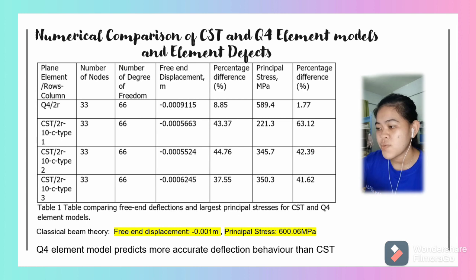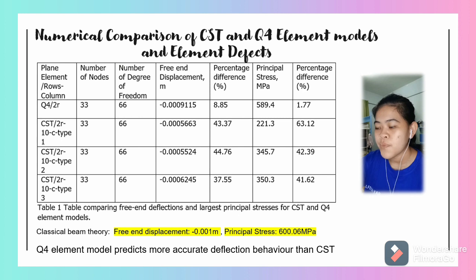As we can see from the free end displacement, if the free end displacement gets closer to the classical beam theory, the principal stress also gets closer to the estimated classical beam theory. So in this case, it shows that the Q4 is better and closer to the classical beam theory, with quite a small percentage difference.